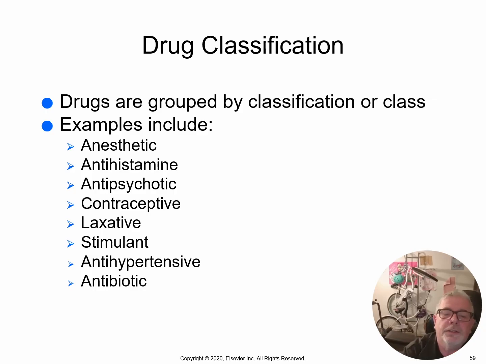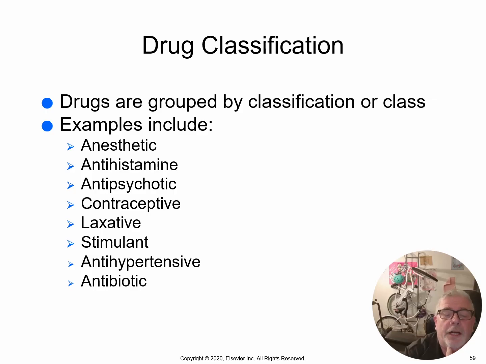So drugs are classified or grouped by how they work. For example, an anesthetic basically numbs the area or lessens awareness of pain. An antihistamine is used primarily for allergic reactions. Allergic reactions are caused by a chemical released in the immune system called histamine, which causes the itching and the hives and the teary eyes and the runny nose.